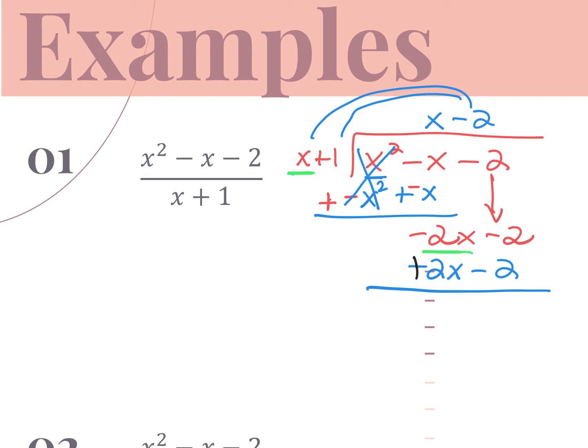So make this positive, positive, and now I add straight up and down. So here when I add this, negative 2 plus 2 is 0. Negative 2x plus 2x is 0 as well. So my remainder here is 0. So the quotient to this problem is just x minus 2.